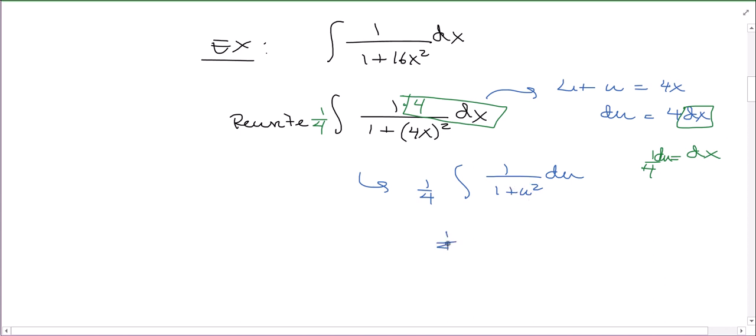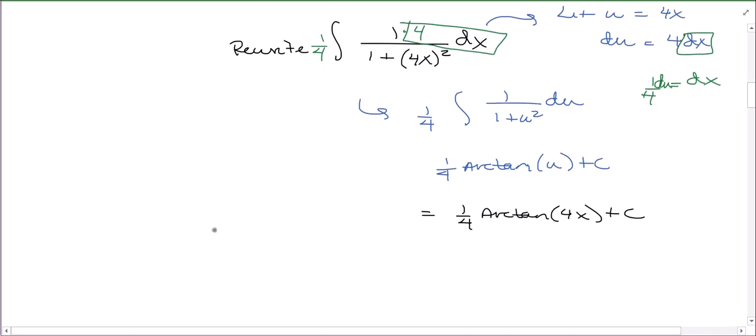So this will be 1/4 arctan of u plus a constant, and then do your substitution again. What was u? u is 4x. So my final answer will be 1/4 arctan of 4x plus c. Or if you want to use the inverse notation, we can write this as 1/4 inverse tangent of 4x plus c.